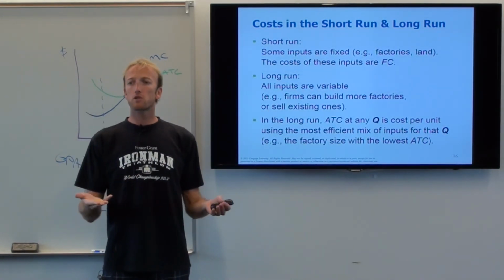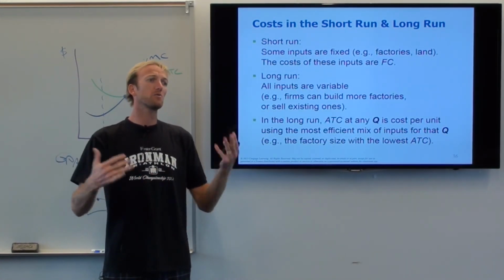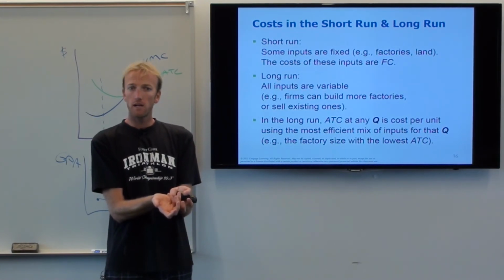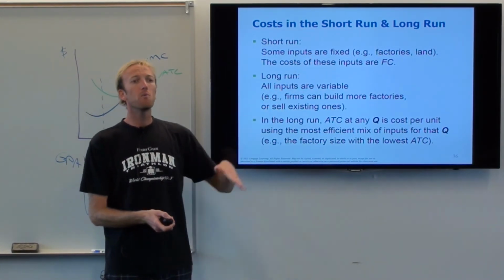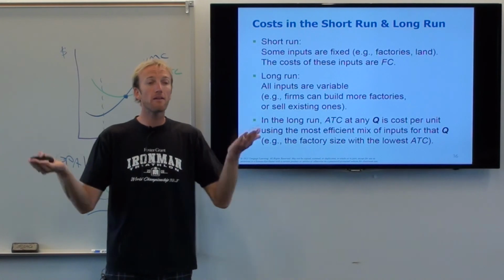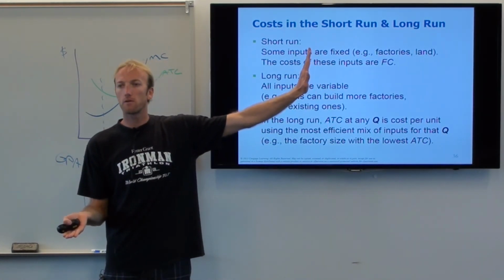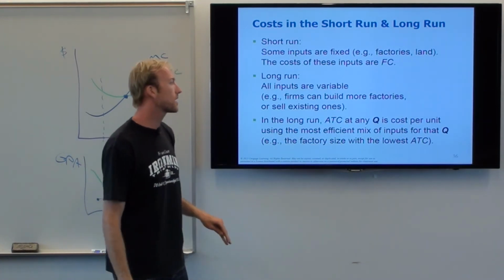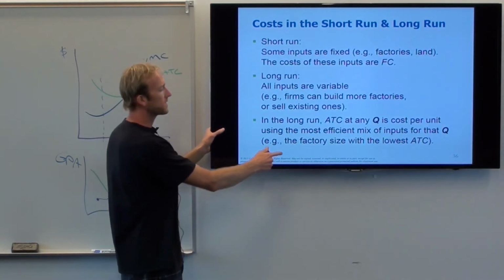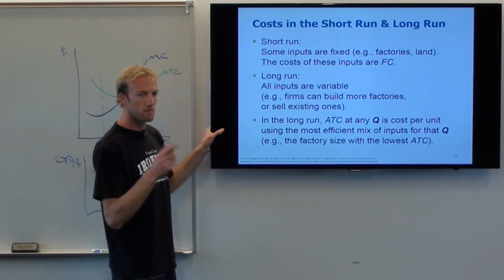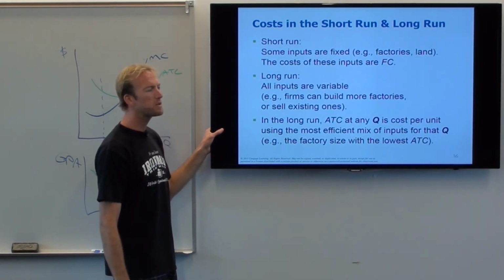It's because of diminishing marginal product. If I put more workers in my factory, they get really crowded, right? And so it starts going up. Well, if I can just build more factories, I don't have that problem anymore. So the ATC takes a much longer time before it goes up. It stays flat for a very long time. Okay? That's because we can change the number of factories and the number of taco shops we own. Let me show you a picture.